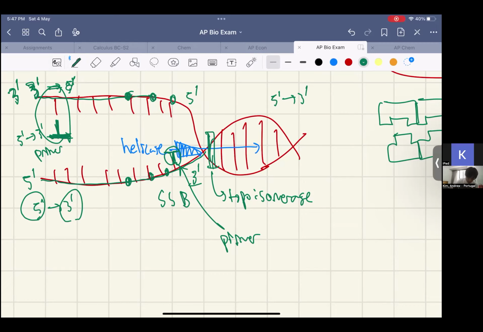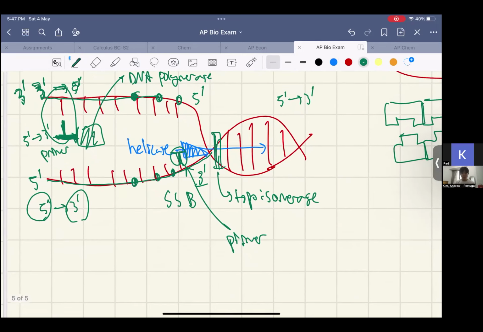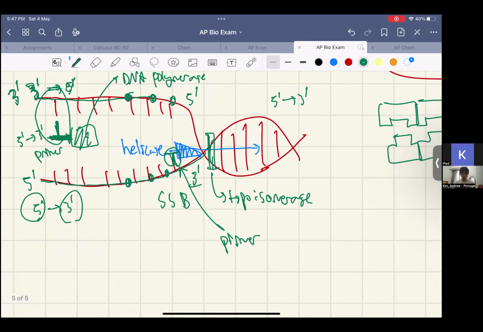Now, once this primer is added to the 3' direction, what's going to happen is there's going to be something called DNA polymerase. Okay, this is called DNA polymerase. It's another player, okay? DNA polymerase will be introduced, and what DNA polymerase will do is make more nucleotides.